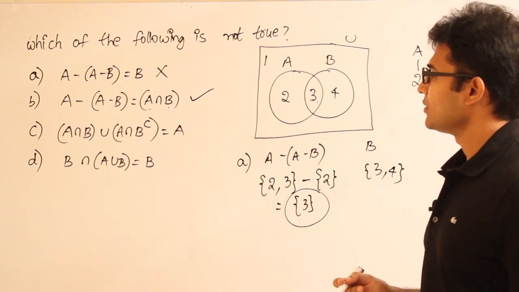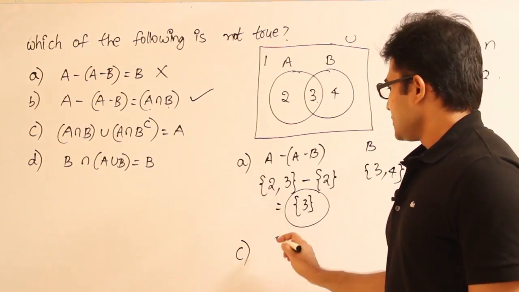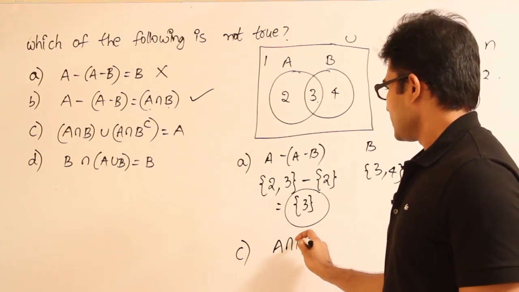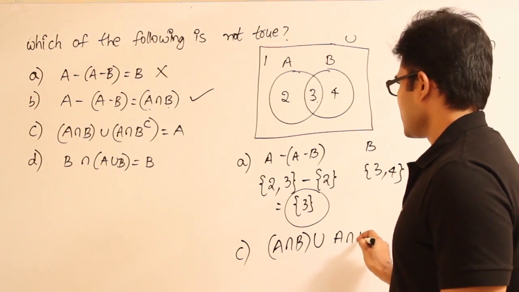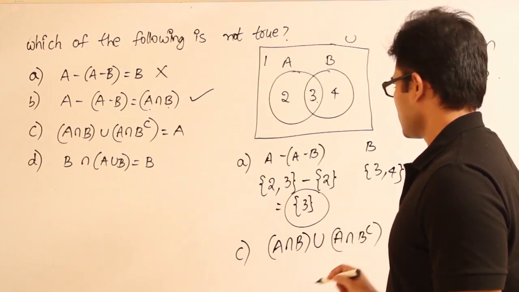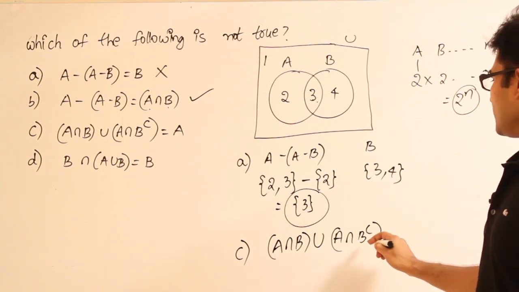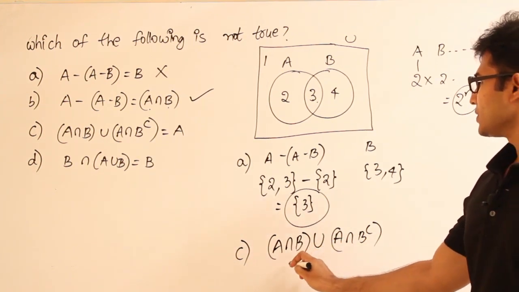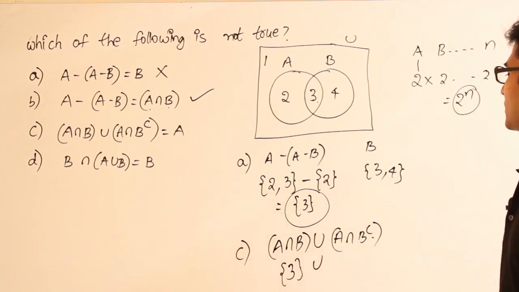Now see the third equation, option number C. LHS is A intersection B union A intersection B complement. So let's find it out. What is A intersection B? It is 3, union A intersection B complement.